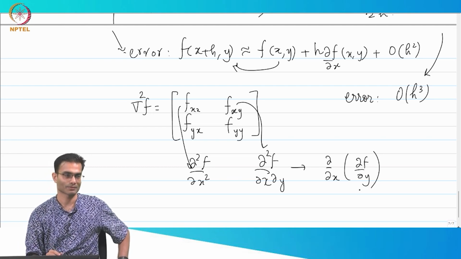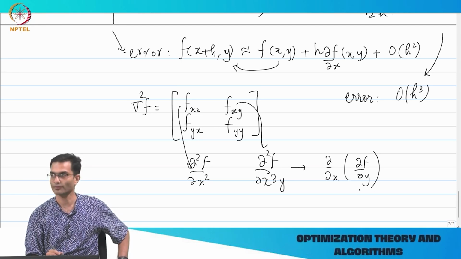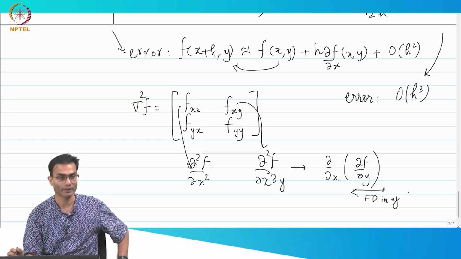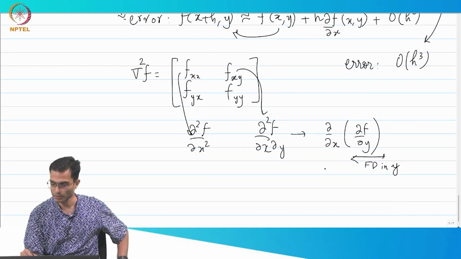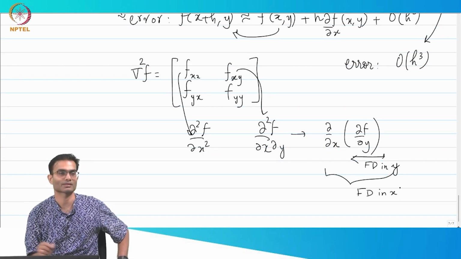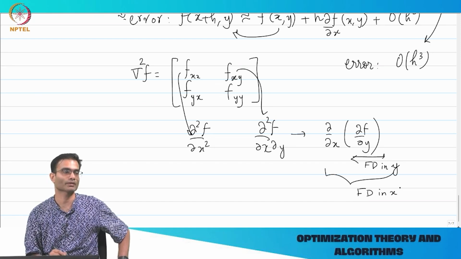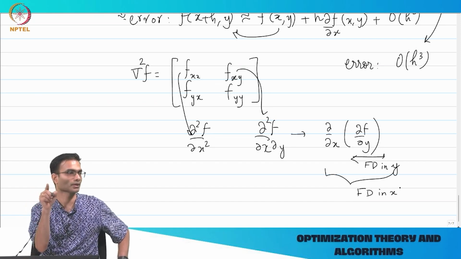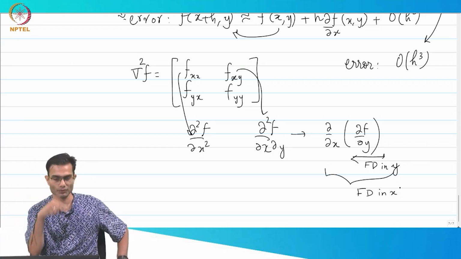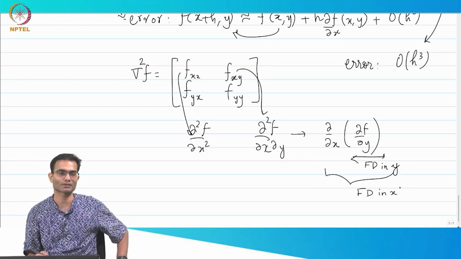So I need many more function evaluations than just 3 for each of these terms, because this is going to be a finite difference in y, and together the whole thing is going to be a finite difference in x. This is all just to get one term. Similarly, I have to repeat it for fxx and fyy. It's easy enough to calculate how many function evaluations you will need.